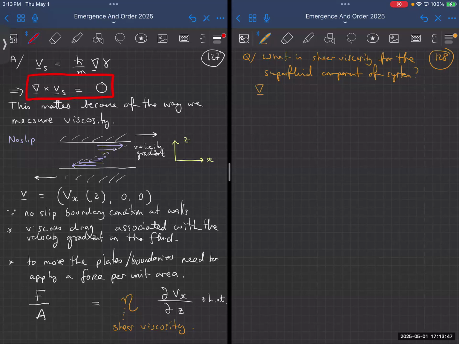So I know that the superfluid component has a velocity that obeys curl V is equal to 0. And that means that if I compute dvx by dz minus dvz by dx, that's the first component. And then there's the y component, and then there's the z component. Okay, but these ones are both 0 because the velocity field is just 0 and 0.